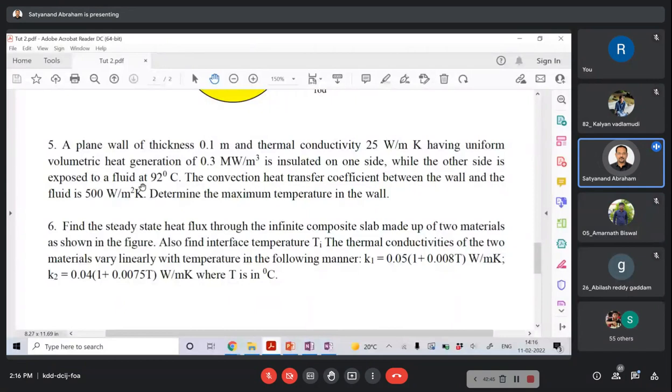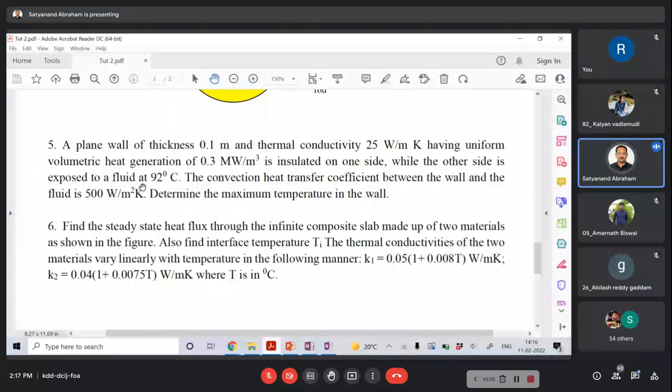Later we said that if the temperatures are the same, we are going to have a symmetry at the center. Therefore, we can keep it such that one side is insulated and the other side is open, or constant temperature condition. Based on that we derived our condition, and later we said that if a convective boundary condition is there, we can write our surface temperature and modify our equation based on that.